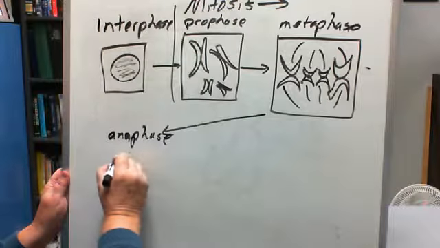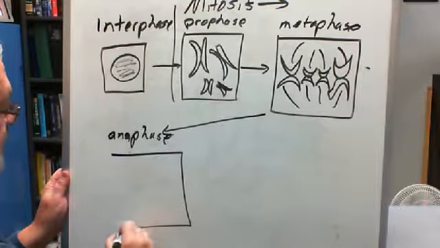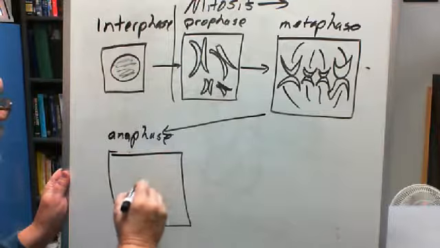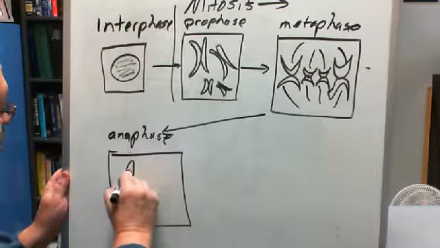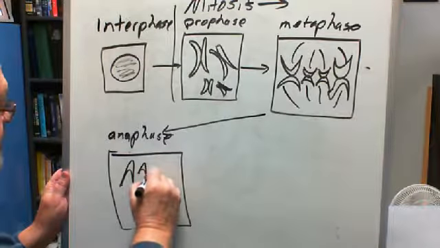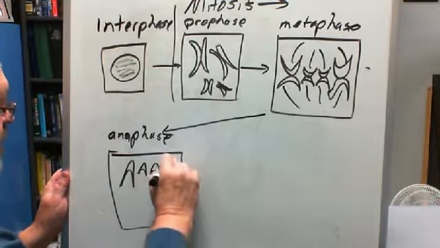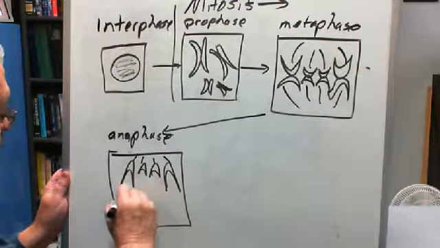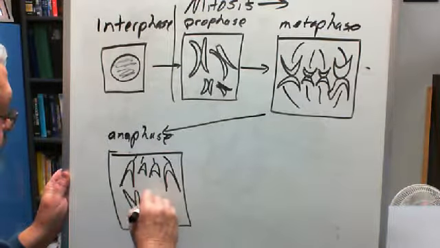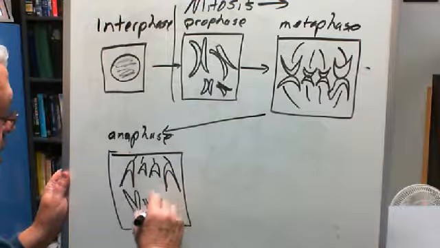Can we see that okay? Sure we can. In anaphase, the chromosomes are pulled apart. And so how can we represent that? We have half of each original chromosome being pulled in the opposite direction by these spindle fibers, like so.